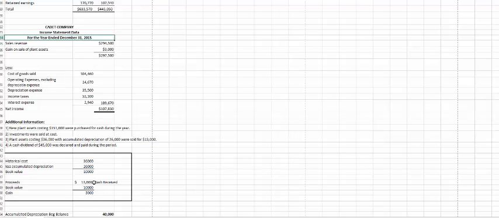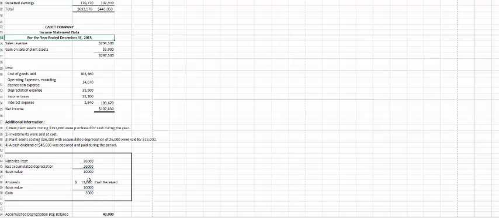If the cash proceeds are greater than the book value, then we have what's called a gain. It's kind of like making a profit off of selling some of our property, plant, and equipment. If, however, our proceeds are less than our book value, then our result would be a loss.